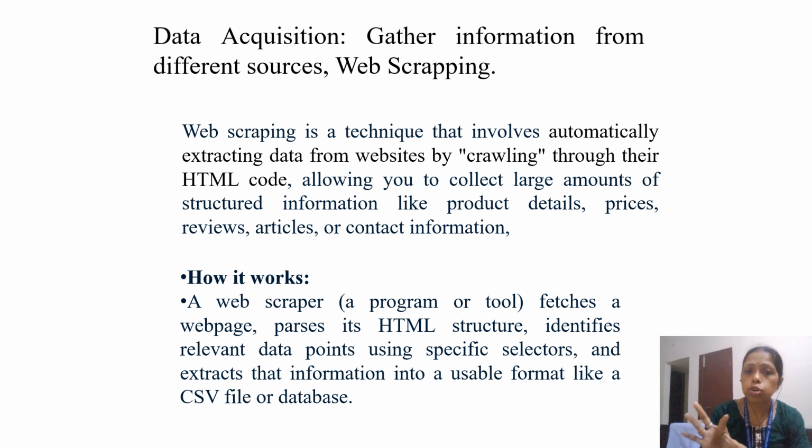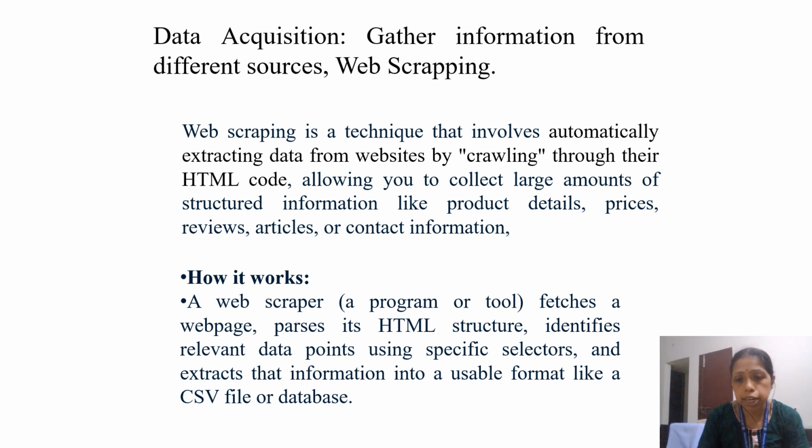When you go to the news article website, you have to parse the HTML, and based on some selector, retrieve the data with the help of the HTML, and transfer that HTML data into your database using the crawling method. For that, you need to know about the HTML structure.